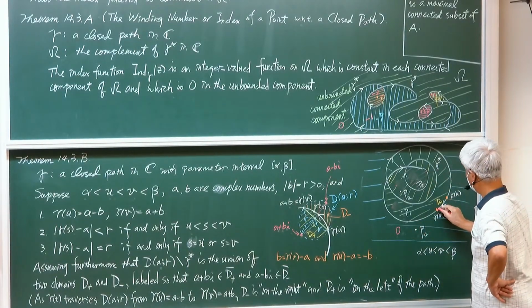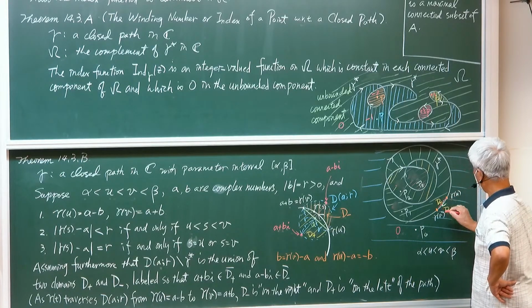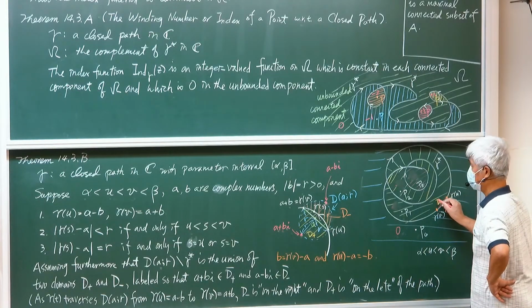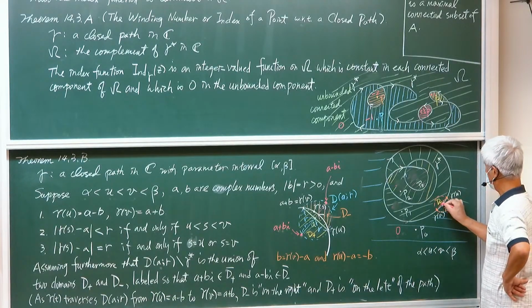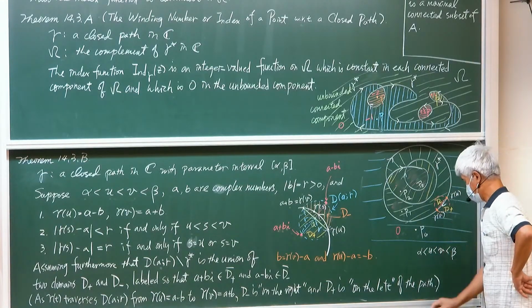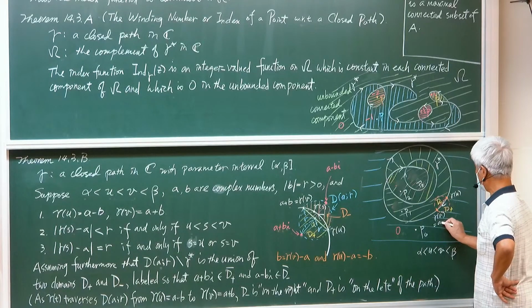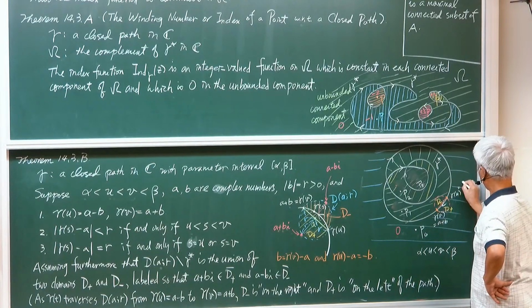Here, this is A, and you construct this. So this is A plus B, and this is A minus B.